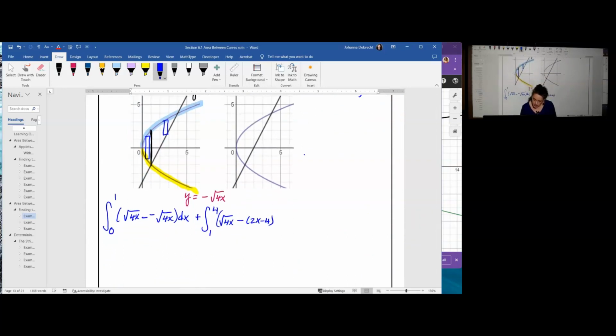Remember to put the line, since it has multiple terms, in parentheses. This would be with respect to x.